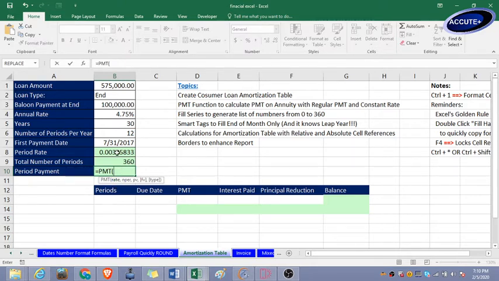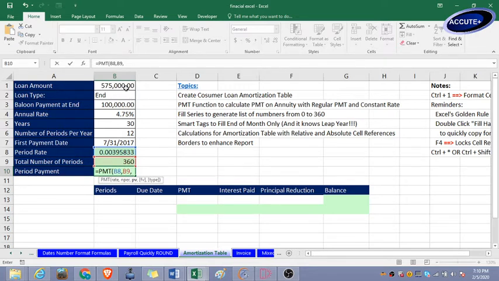Now we want to find out what is the rate. Our rate here is the period rate, comma. What is the number of payments? Our number of payments is 360, comma. What is our present value? The present value here is our loan amount.